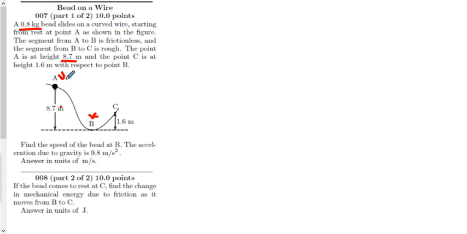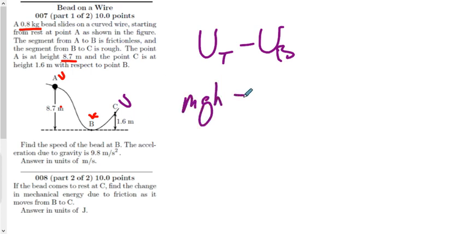It was only potential up here, and it loses energy, and there's only going to be potential down there. So the potential at the top minus the potential at the bottom will give you how much energy is lost. So we have mgh at the top minus mgh at the bottom.